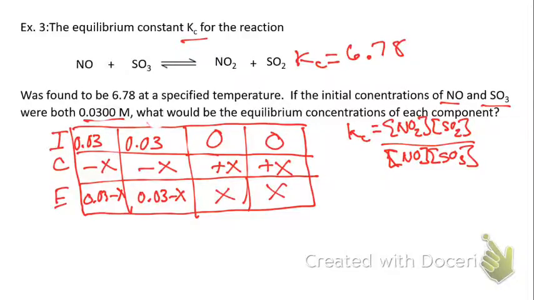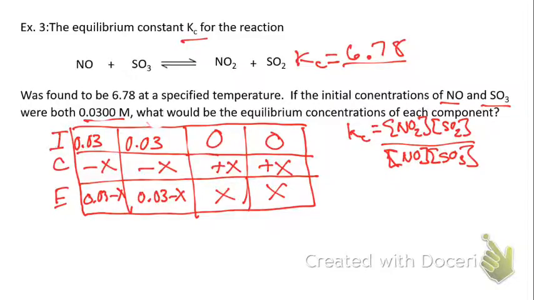Now, we don't know what x is, but we still need to solve for x. Since we now know the Kc value, we only have one variable here, and that's x. So what we can do is plug all of this into the equilibrium expression.